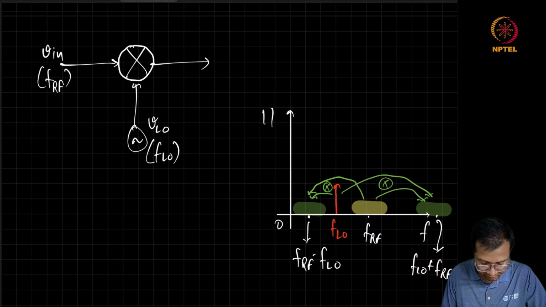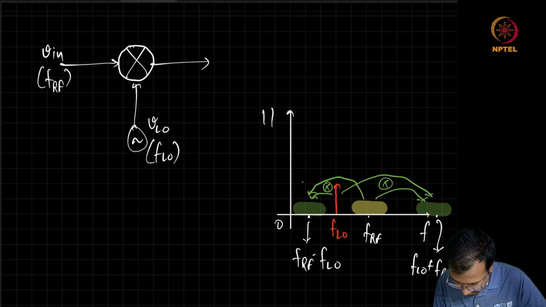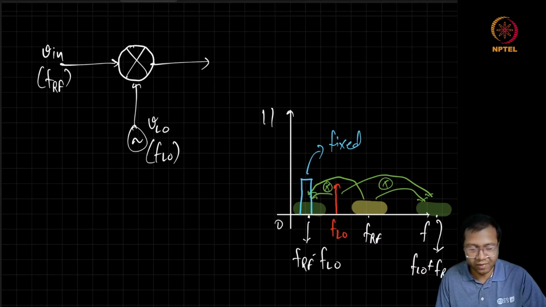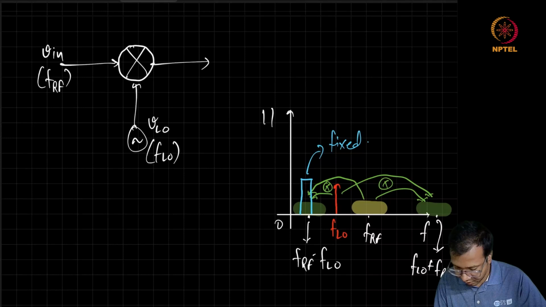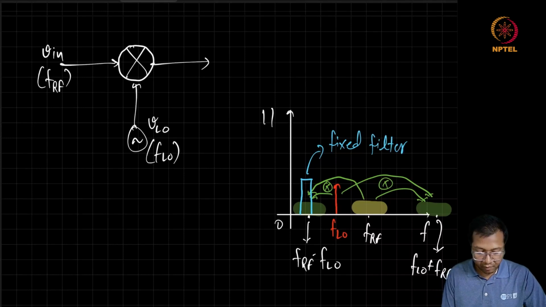So the next step is to add a filter here, which is always selecting signal around a given frequency. So this fixed filter will always be selecting something around here.